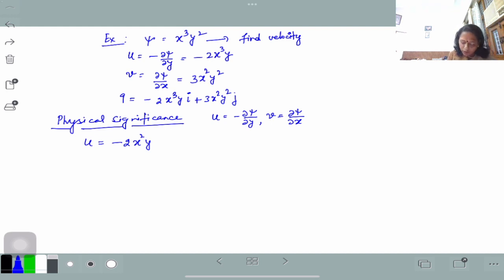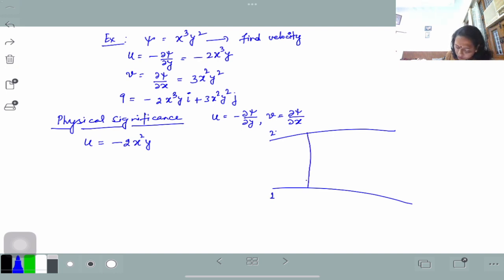Now I would find the value of u at different points of streamlines. Suppose I have one streamline like this and one streamline like this. This is the first streamline and this is the second streamline, and between these streamlines, suppose I take this cross section.